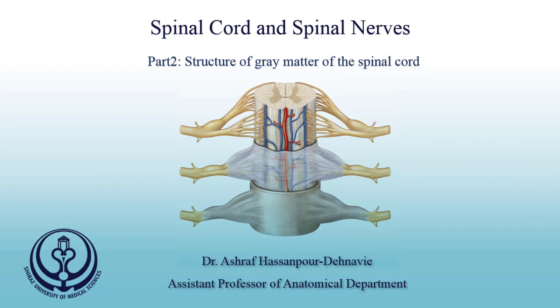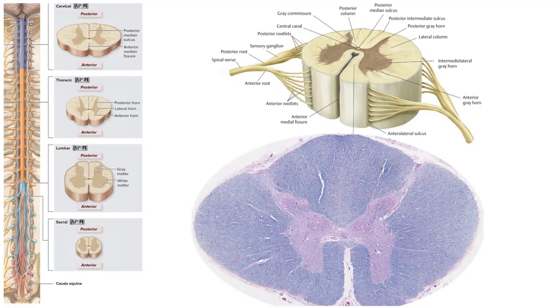In today's lecture, we are going to be covering the structure of gray matter. True to its name, the gray matter of the spinal cord is distinguishable from the surrounding white matter by its grayish appearance.